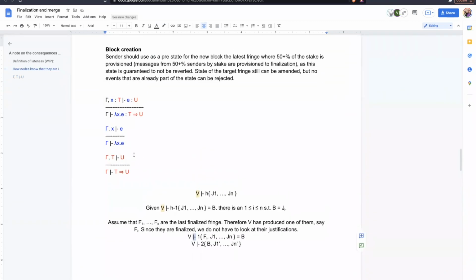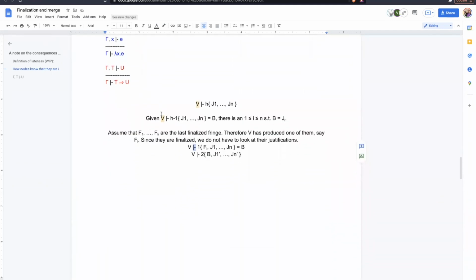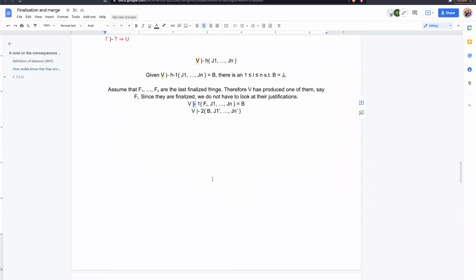So he would say gamma thinks that lambda x dot e is of type T arrow U. Right, so that's a nice reading of that line. Does that make sense? Yes. Okay, so we can steal those intuitions and apply them here. And in fact, that's the whole point of introducing this notation.